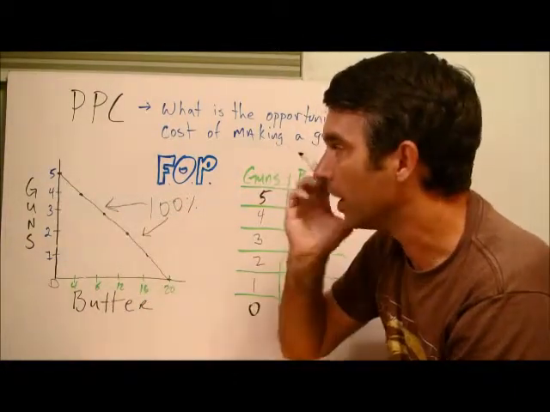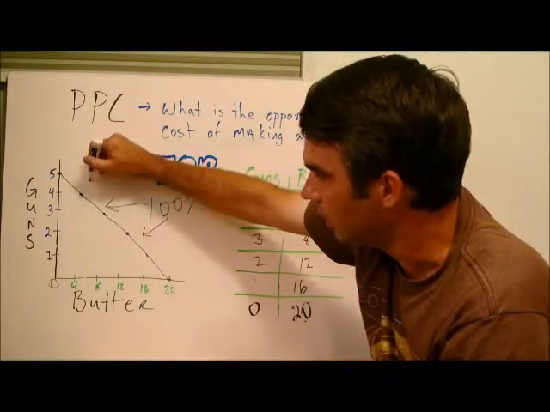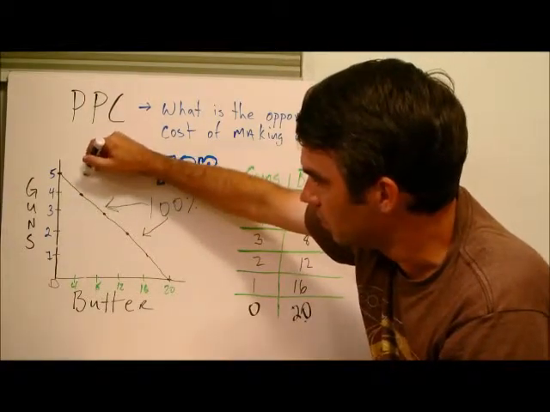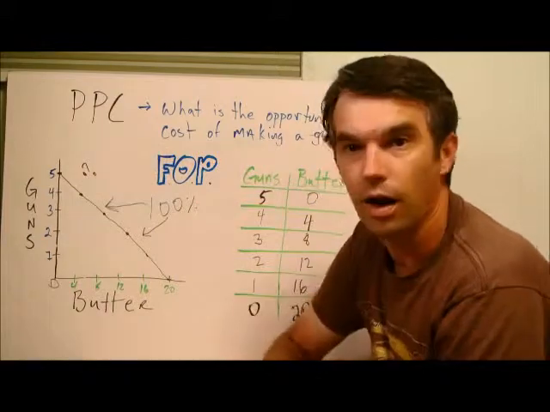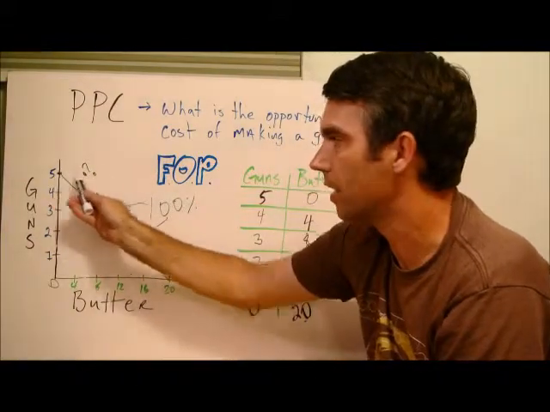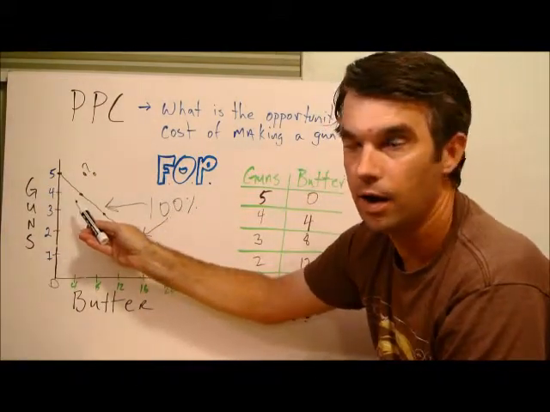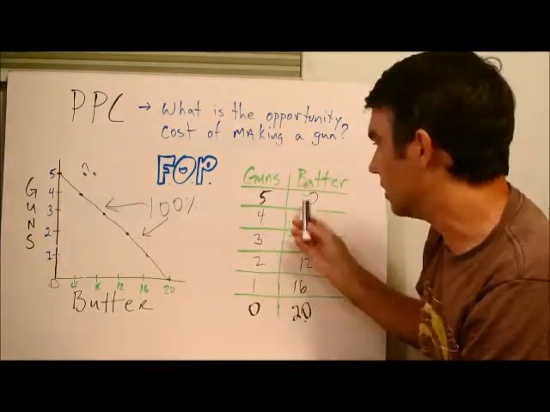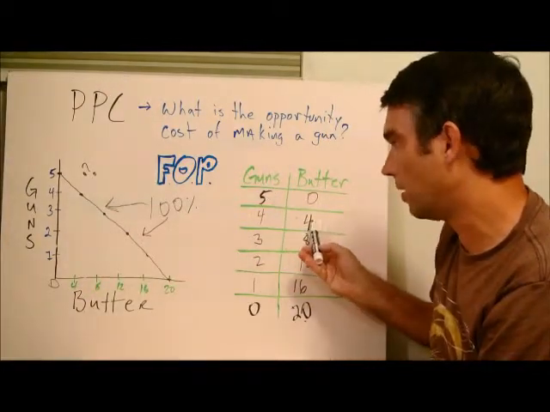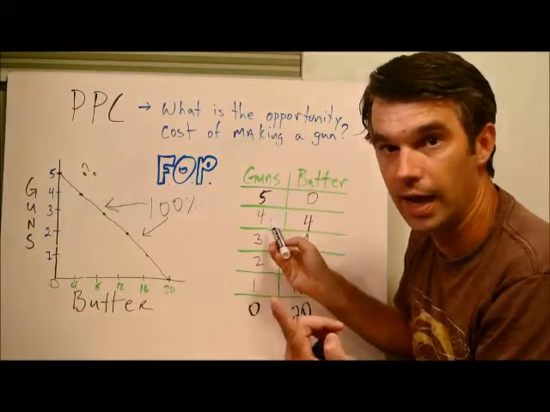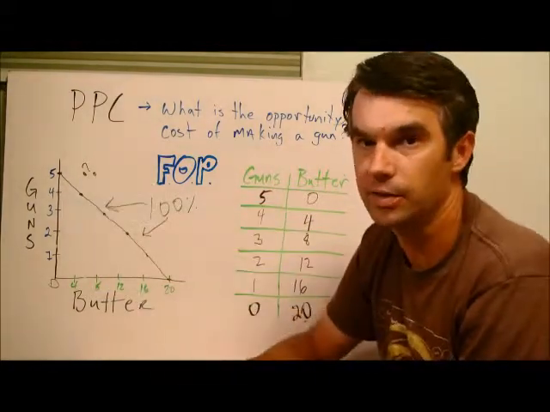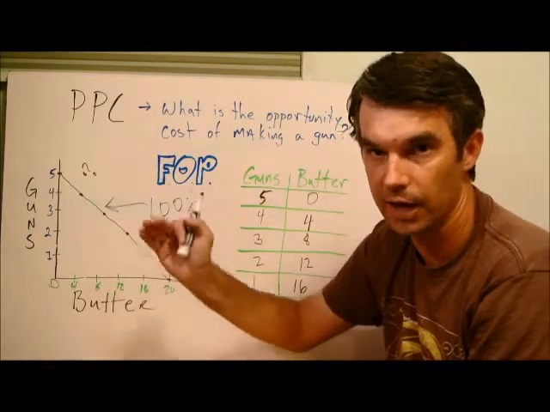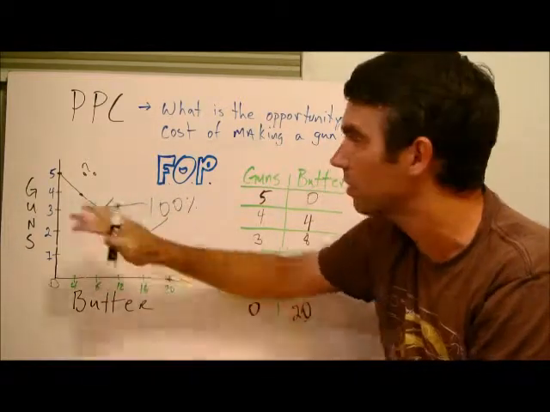Now again, do we have the possibility of producing there? Can we make 5 guns and 4 butter? Well, according to this, we can't. This says that if I'm going to make 4 butter, I give up the ability to make 1 gun, so that isn't possible. That's beyond our frontier. It's beyond our production possibilities curve.